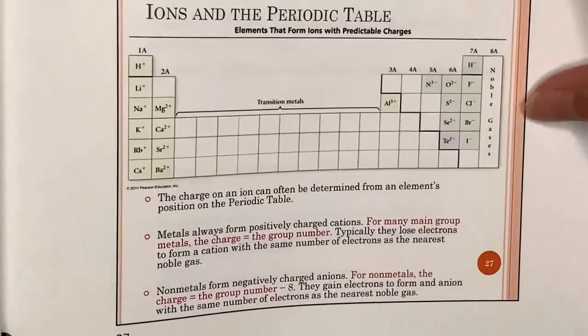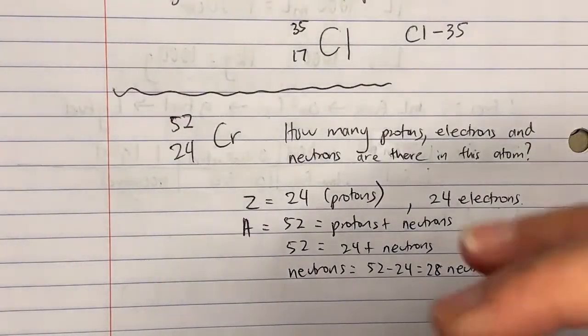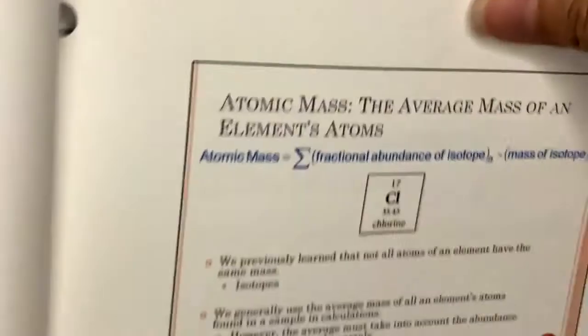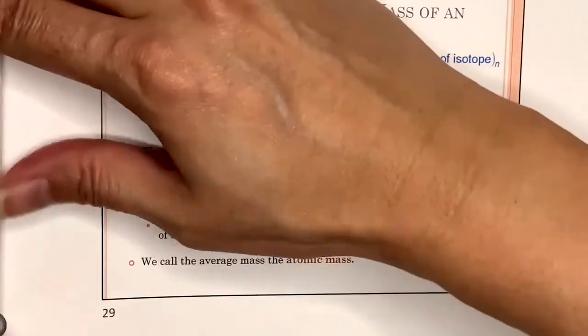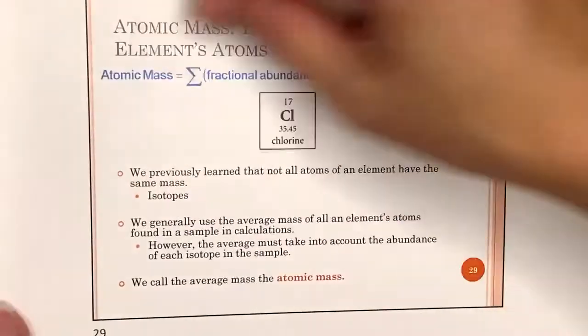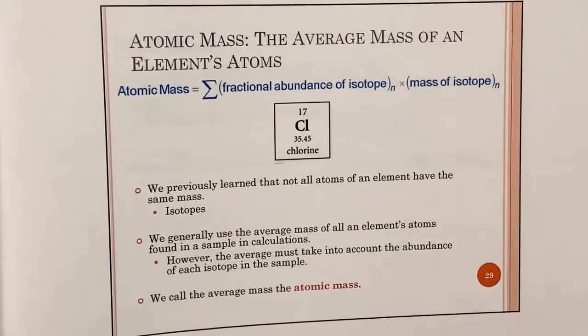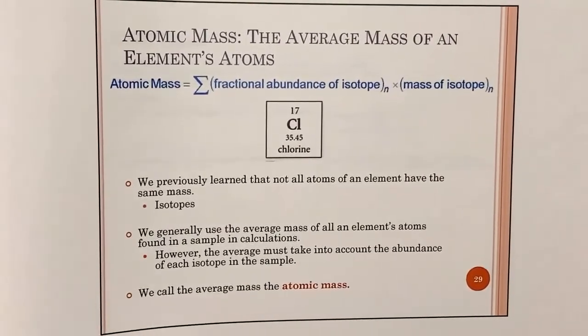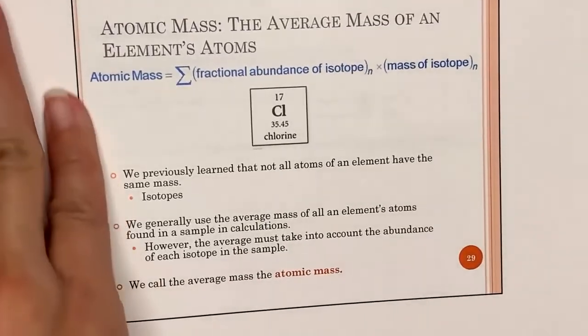All right, now that we know about ions, we wanna talk about something else. Another thing we haven't really talked about is the abundance of isotopes. You can have isotopes with a different number of neutrons and the same number of protons, and we also talked about the abundance of each isotope, which I showed you for the neon one, right?